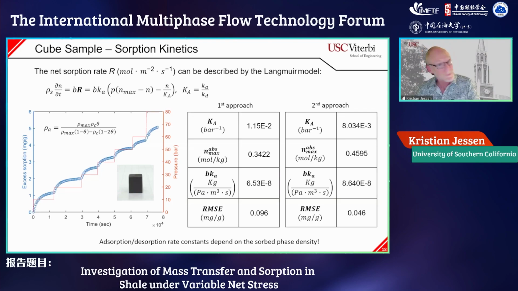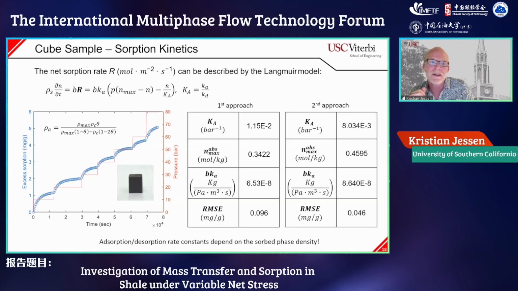So the only parameter that we have information about the direct impact of stress change is the fracture permeability that runs through the system. The other parameters, we don't have ways of measuring directly, for instance, the impact on the characteristic time for mass transfer in the matrix as a function of net stress. For me to do that, I would have to do experiments that directly measure the diffusivity of gas through the matrix segment in the absence of the fracture.